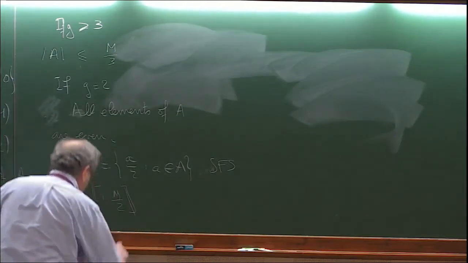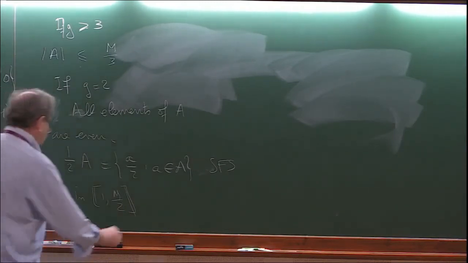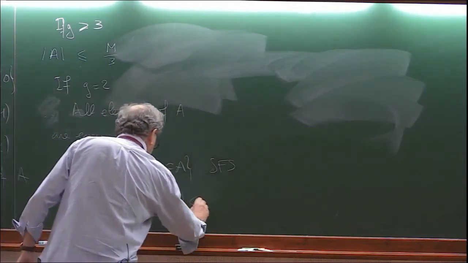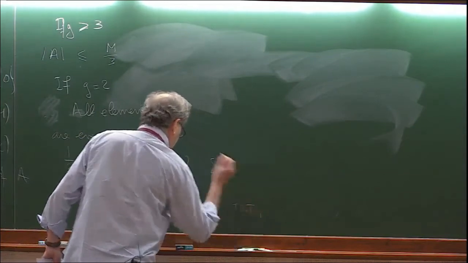It makes sense. m over 2 is an integer here, but you don't care about that. But if you have a sum-free set here, you have at most m over 4 elements. Then the cardinality of A is at most m over 4. You see? Boom, tilt.